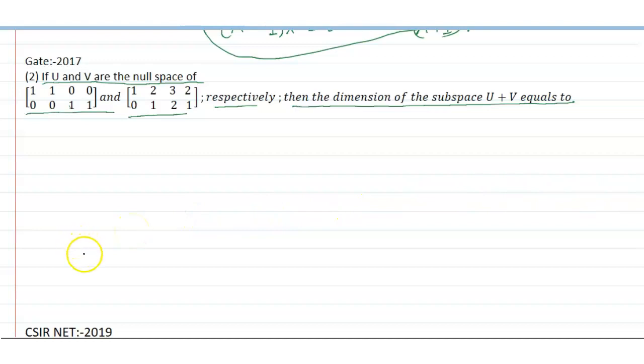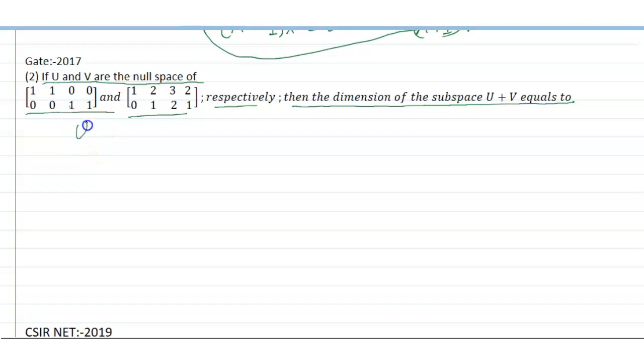So friends, if u and v are the null spaces of these respectively, then the dimension of subspace u plus v equals to. At first I have to find the dimension of u.